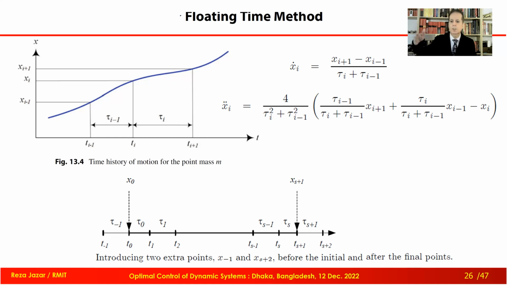They know that we can increase the number of imaginary points in the future or imaginary points in the back, and there are some algorithms to start evaluating those points. Then we begin the numerical analysis. Here, I'm going to explain what would be the value of t_i minus 1 and x minus 1. Also, what would be the t_s plus 2 and x at s plus 2.